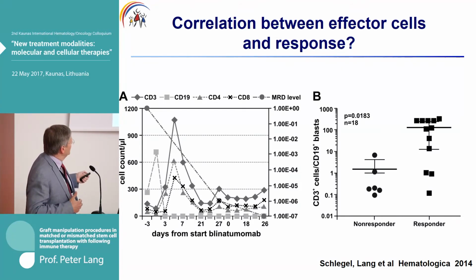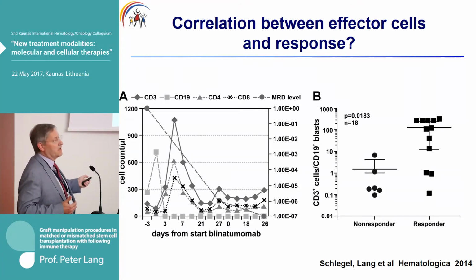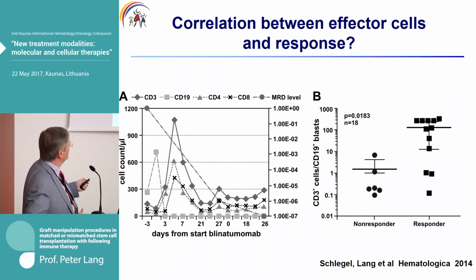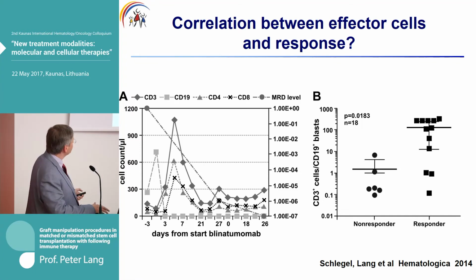And indeed, the ratio between CD3 cells and CD19 positive blasts was lower in patients who did not respond than in patients who responded. Thus, the responders had rather high numbers of T cells and rather low numbers of blasts.